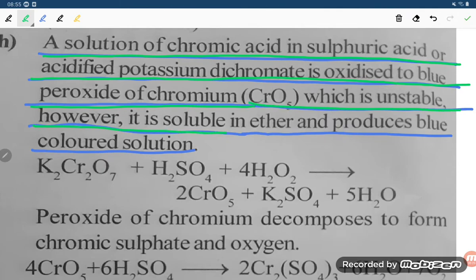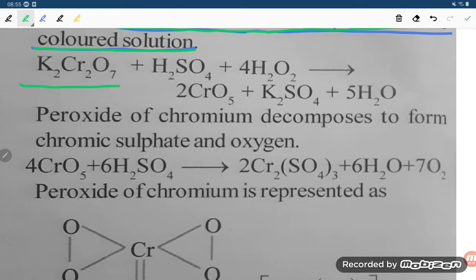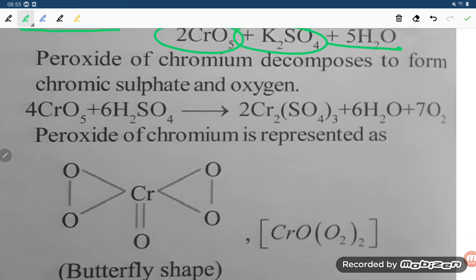However, it is soluble in ether and produces a blue color solution. So K2Cr2O7 plus H2SO4 plus 4H2O2 gives 2CrO5 plus K2SO4 plus 5H2O.